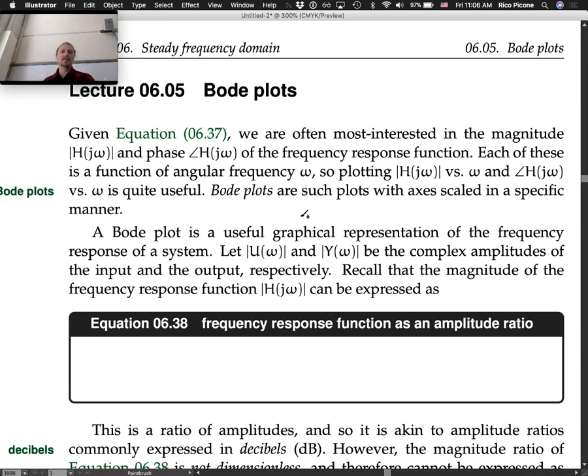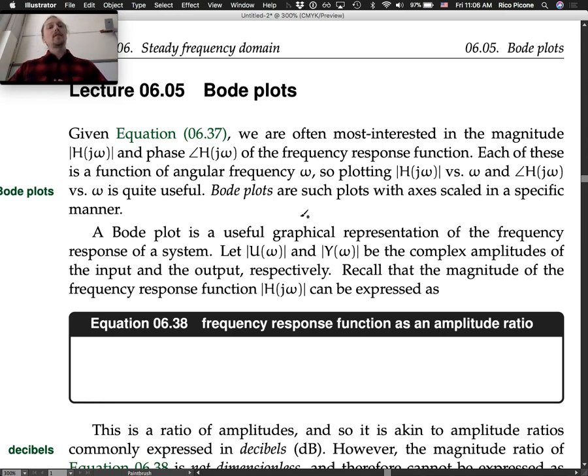A Bode plot is a useful graphical representation of the frequency response of a system. Let the magnitude of U(ω), which is the magnitude of the Fourier transform of the input, and the magnitude of the Fourier transform of the output, Y(ω), be the complex amplitudes of the input and output, respectively.